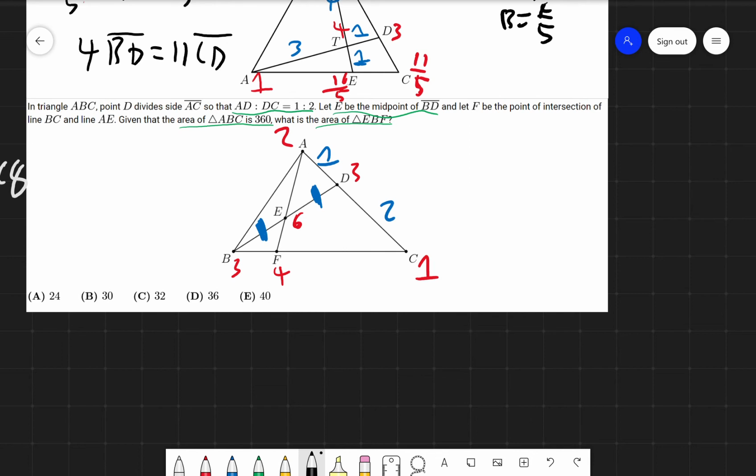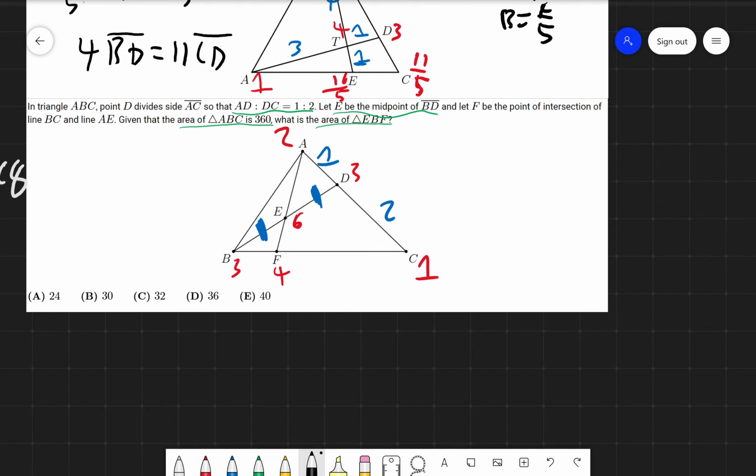So we should probably find some relation between EF and AE because notice that the ratio of AE to EF is the same as the ratio, the ratio of EF to AF is the same as the ratio of the height of ABF to the height of EBF, which will be helpful for finding the area. And because the height of ABF is the same as triangle ABC, that'll also help.